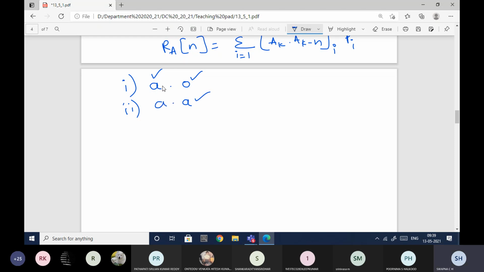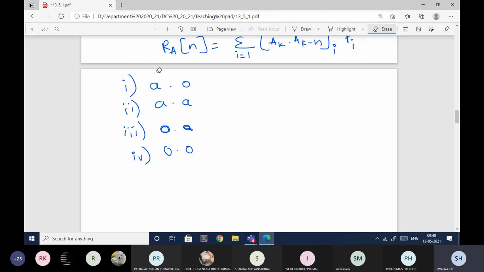So I may have A into 0 or A into A. In the same way, if the first one is 0, the second one can be A or it can be 0. These are the four combinations I'll get. Yes or no? Same as heads and tails together, toss it twice. How it will be? That is what the same.